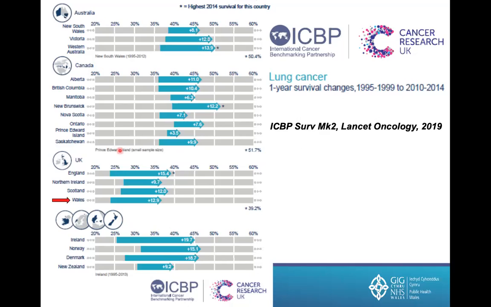Many of the other countries, jurisdictions, especially in Canada and Australia, were way ahead early on during this period, although they were less advanced in some of these countries here. Now, in the latest diagnosis period, you can see that the UK countries have made significant advances.